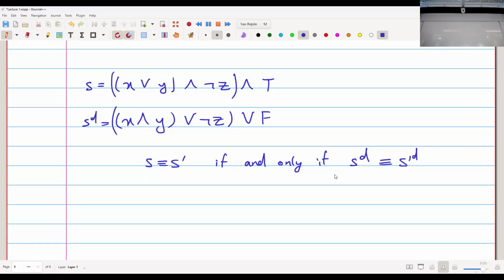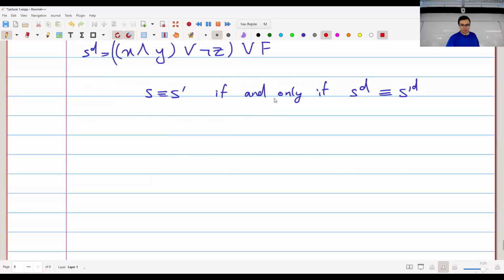Now we want to talk a little bit about what we call rules of inference. I already talked about this idea that a theorem is just a proposition that is always true, that is a tautology.